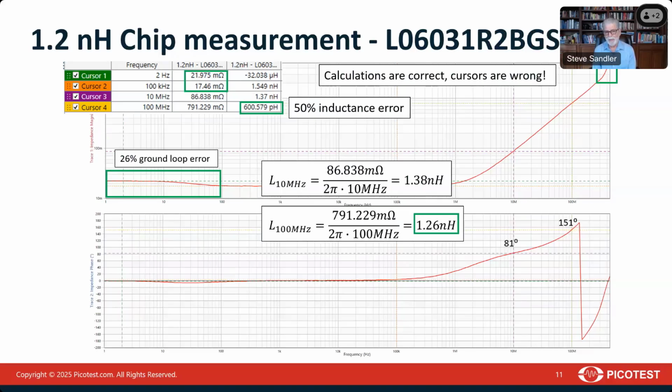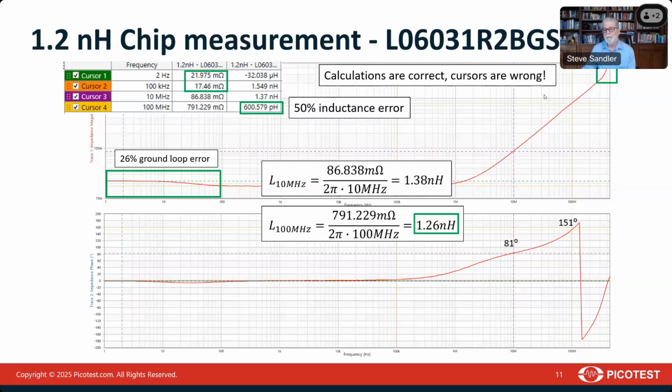But now if we look at the inductance, you can see we calculated the inductance from 2 magnitude cursors, one at 10 megahertz, one at 100 megahertz. And you can see we end up at 10 megahertz with 1.38 nanohenries. At 100 megahertz, we end up with 1.26 nanohenries. The part is specified at 100 megahertz, so that's actually pretty close. We're measuring 1.26 nanohenries for a 1.2 nanohenry inductor.